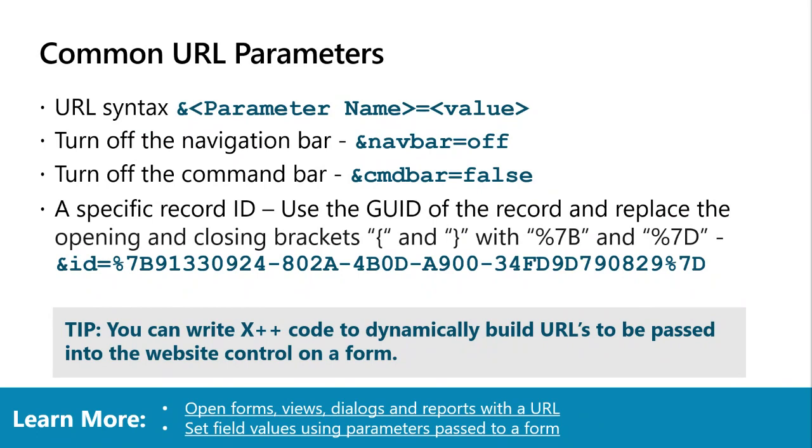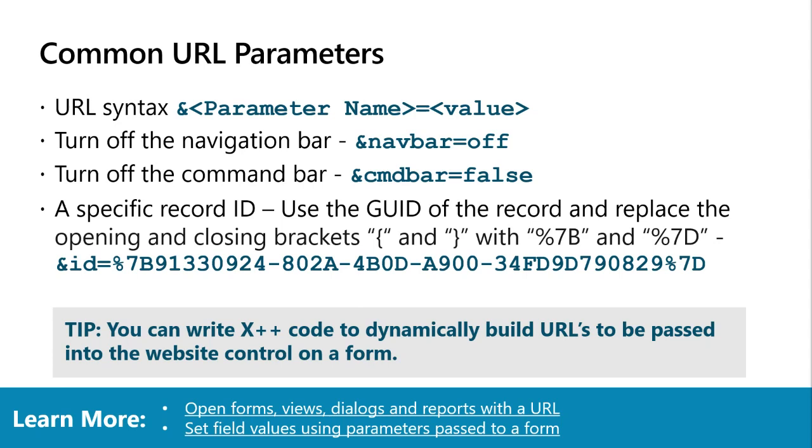how we can turn on and off the charms and the navigation bar and the command bar to really make a sort of naked form that we are going to embed into Dynamics.